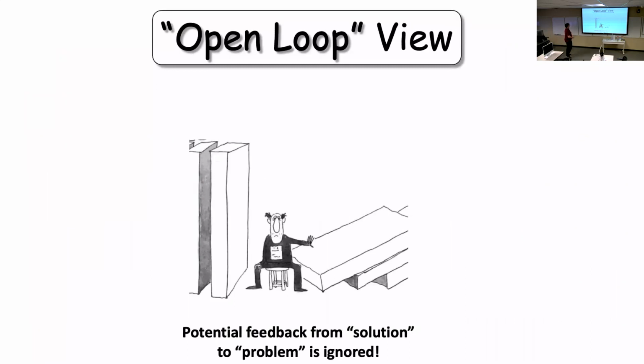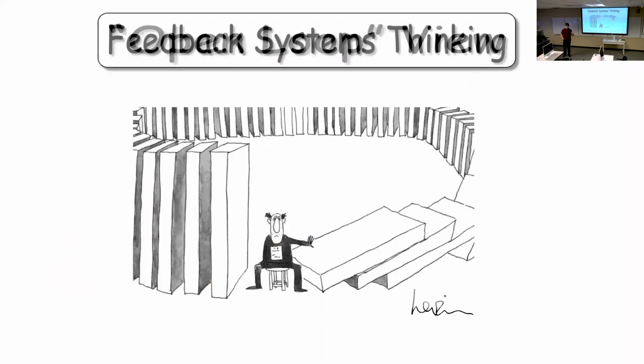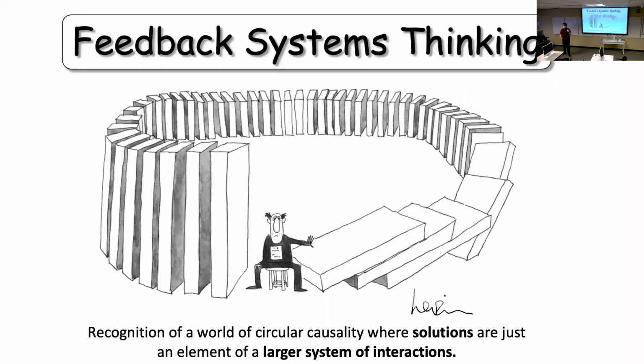The idea is that you've got a potential problem that is generated from a solution. Here, for whatever reason, you'd like to look this way, and so you push over these blocks. You're reacting to this obstruction, not realizing that behind the scenes, that ends up setting up a domino effect, which leads to eventually your demise.